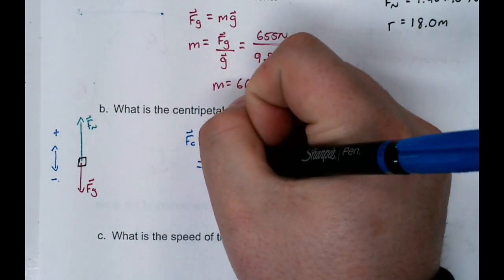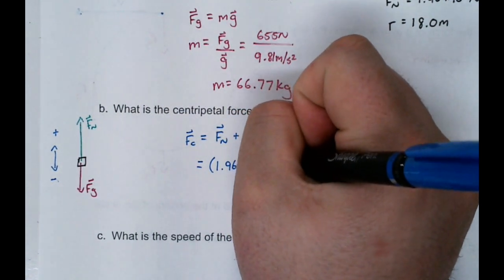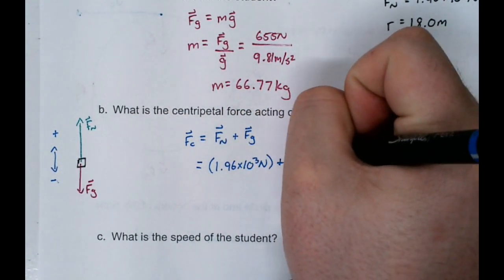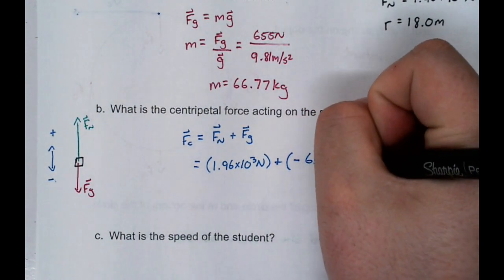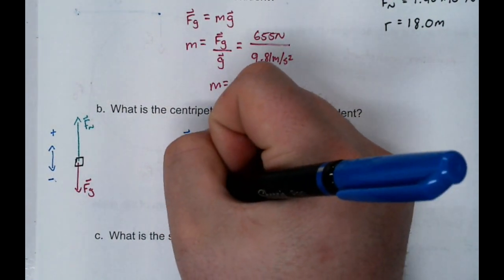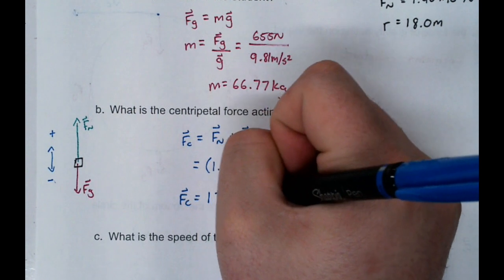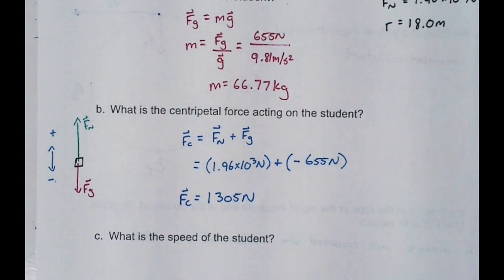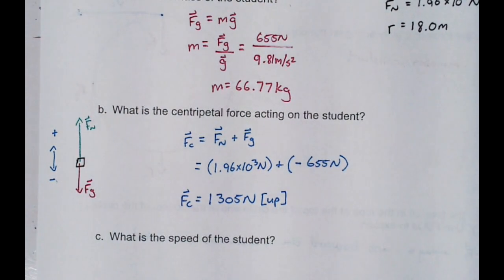The normal force is 1.96 times 10 to the 3 newtons, plus the force due to gravity in the negative direction, negative 655 newtons. So our centripetal force is 1,305 newtons, and it's positive, so the centripetal force is going to act up.